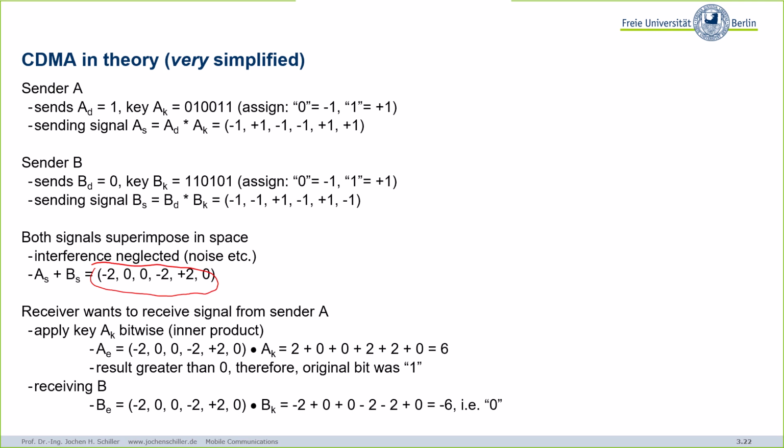And I also showed you that the keys AK and BK, those two keys, are orthogonal. So this is again an ideal situation. In real systems, we generate keys based on pseudo-random number sequences, and they are then more or less almost orthogonal.